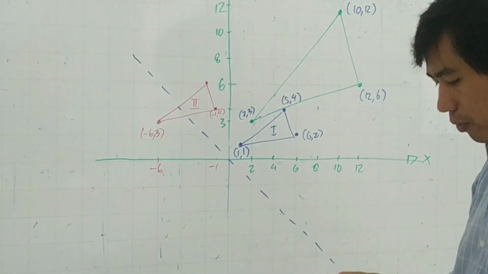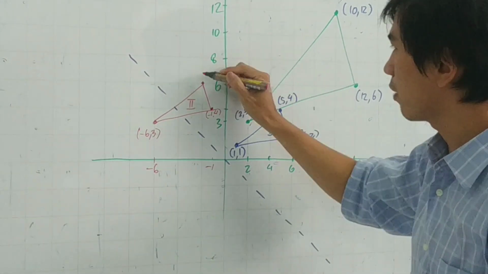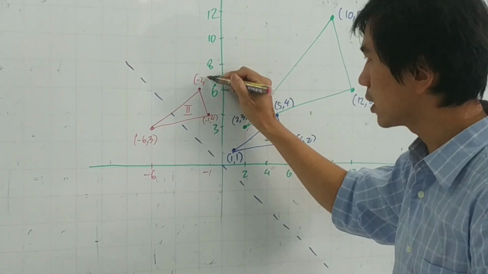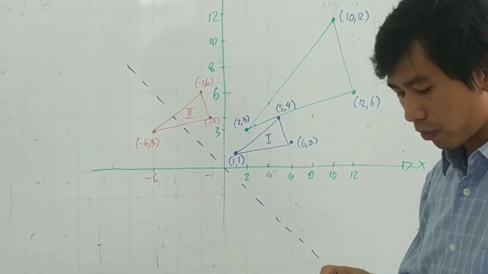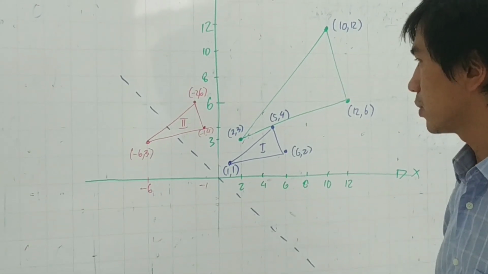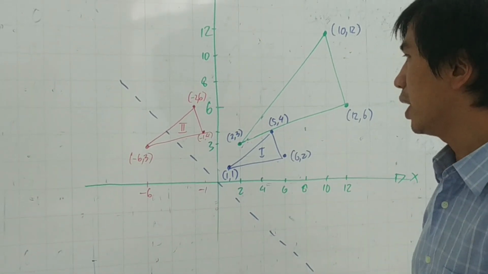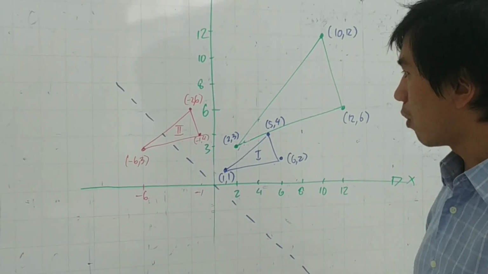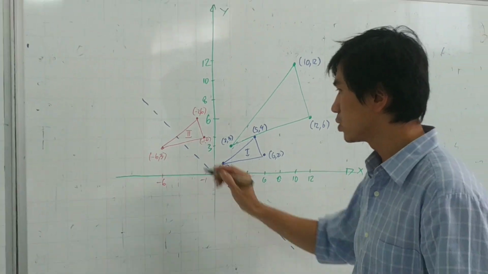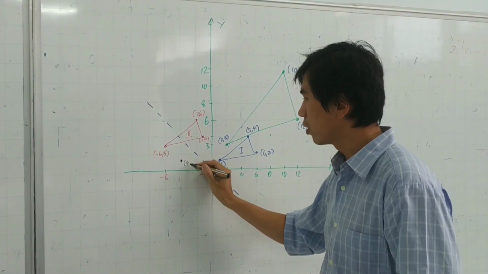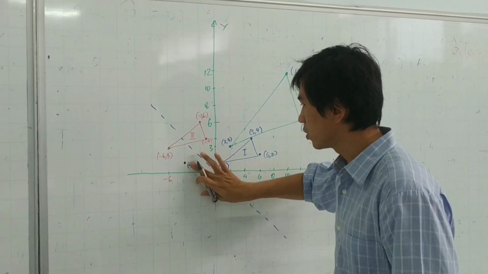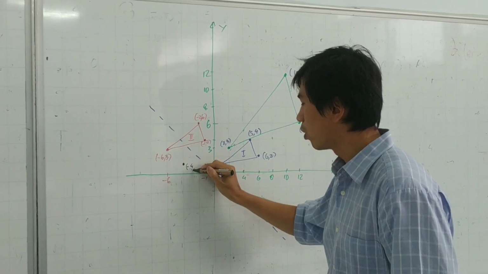So negative 1 comma 4, I forgot to put this one, you will have negative 2 comma 6 over here. Let's begin with negative 1 comma 4. If you reflect it, you'll get 4 comma negative 1, hmm, negative 4 comma 1.